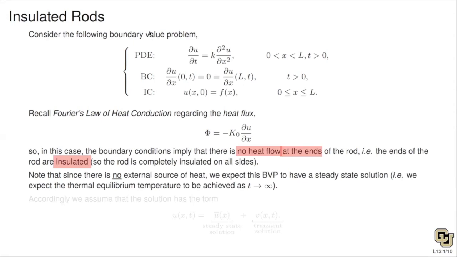And I don't know if I meant to say, since there's no internal source of heating, there could be potentially some kind of internal source of heating, a chemical reaction or something that could affect the long-term heat. But here in our equation, there's no plus Q. And so I'm going to assume that the solution has this traditional form that we've been doing here, that it has a steady state portion that's not dependent on time.